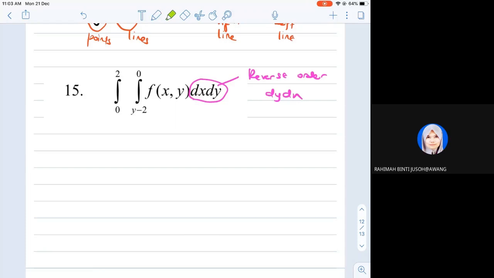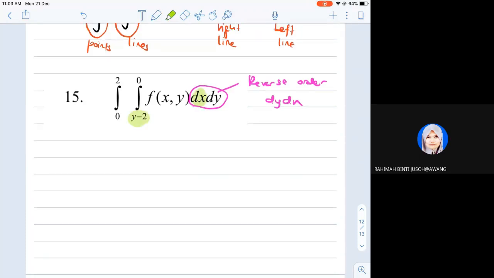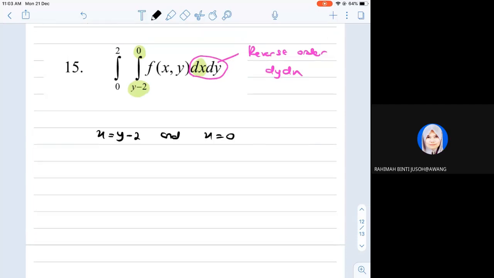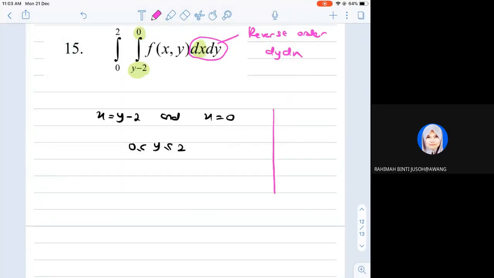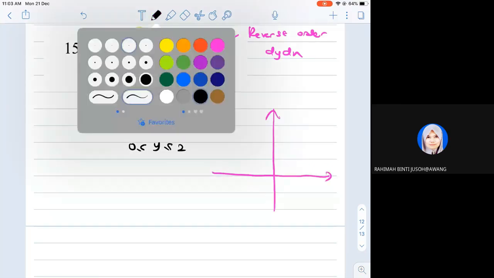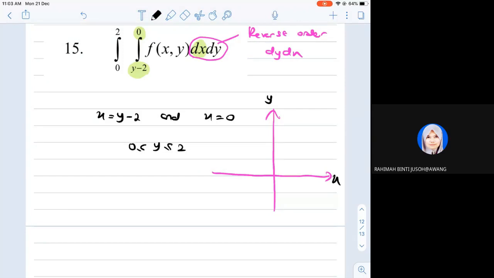Okay, so as usual, we take out the limit. We know that x from y minus 2 and then x equals to 0. Okay, guys, so we have x equals to y minus 2 and then x equals to 0. And the limit of y is from 0 until 2. So let us sketch the region R, so x and y.